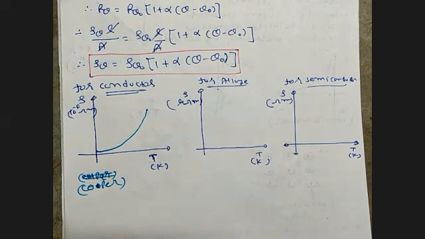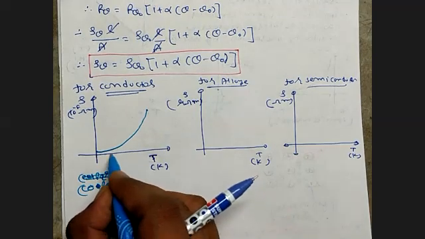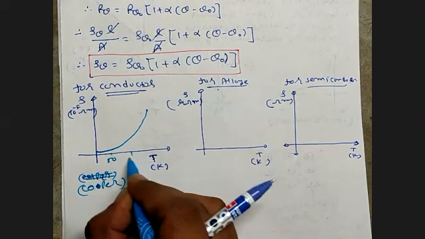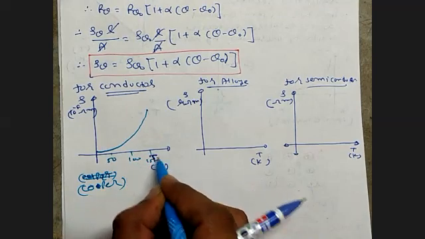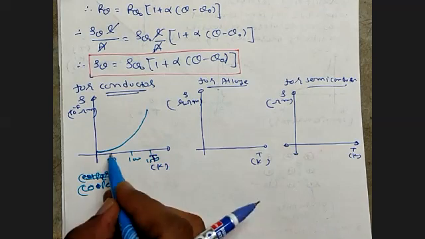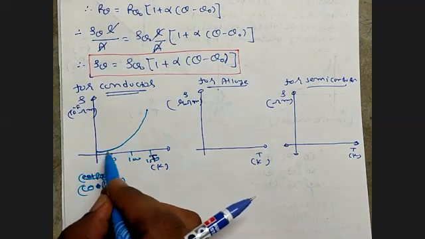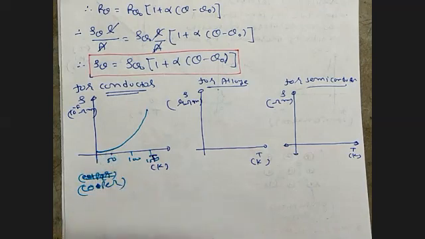As the temperature rises, suppose there is 50 Kelvin, 100 Kelvin, 150 Kelvin. At low temperature, this graph is curved.